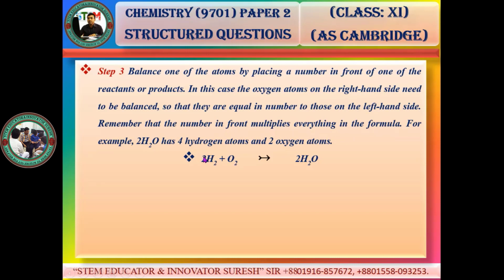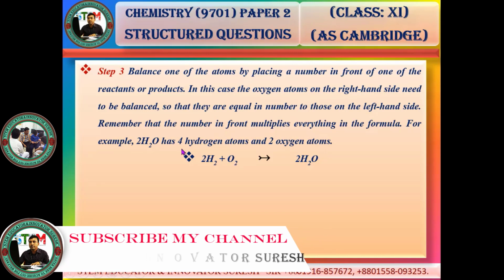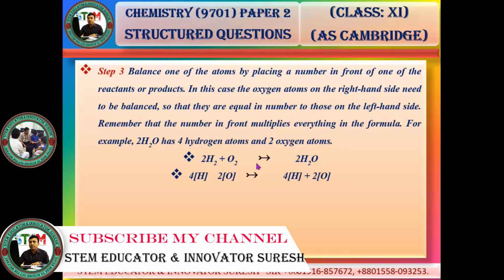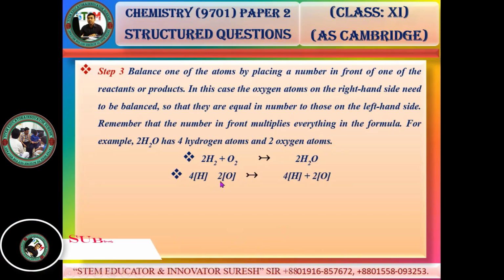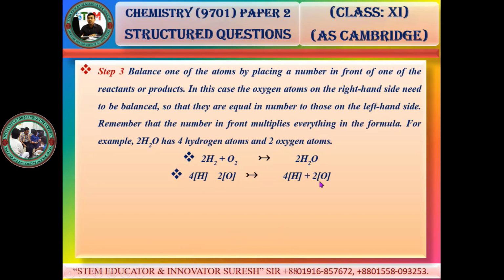So when you place any number in front, it will be multiplied with each atom present there as a whole. For example, 2H2O has 4 hydrogen atoms and 2 oxygen atoms. 2 into 2 means 4 hydrogen atoms, and 2 into 1 means 2 oxygen atoms.